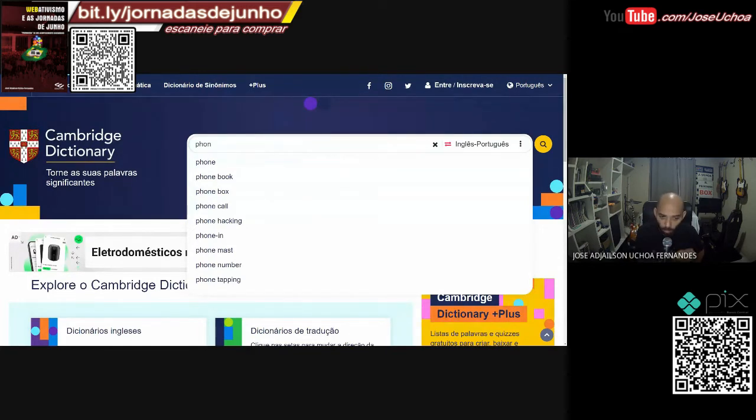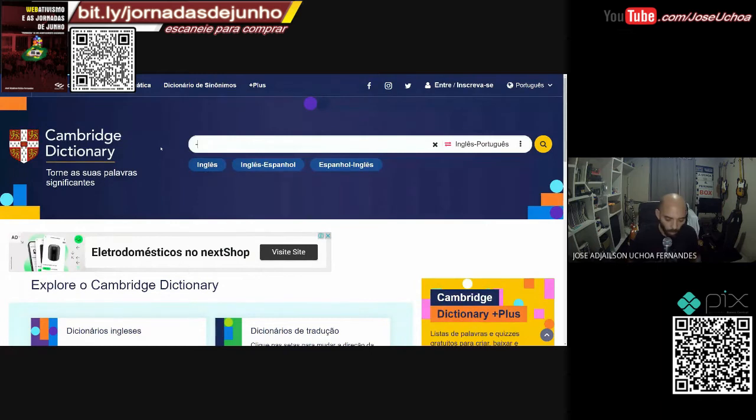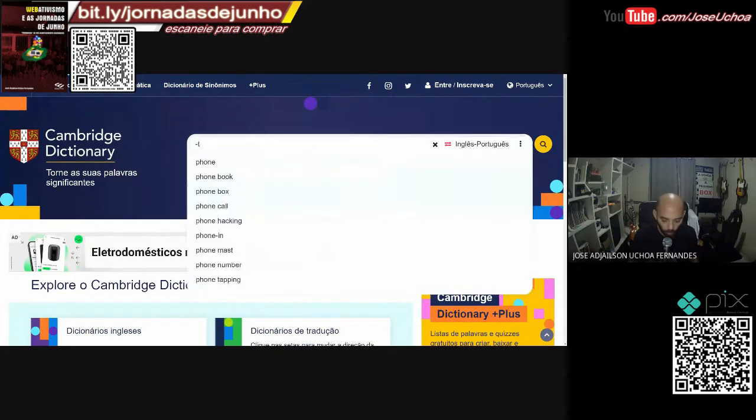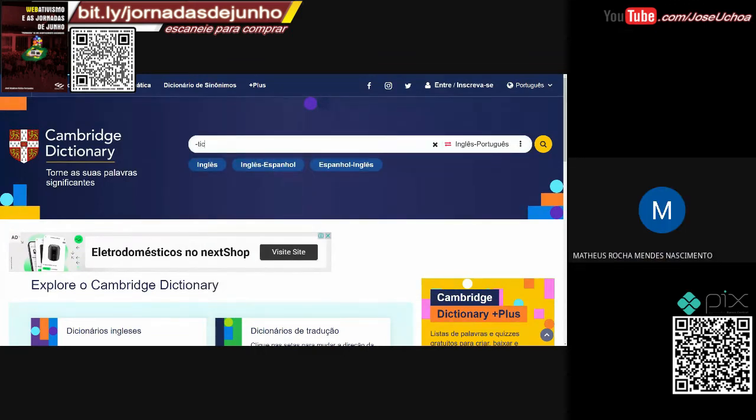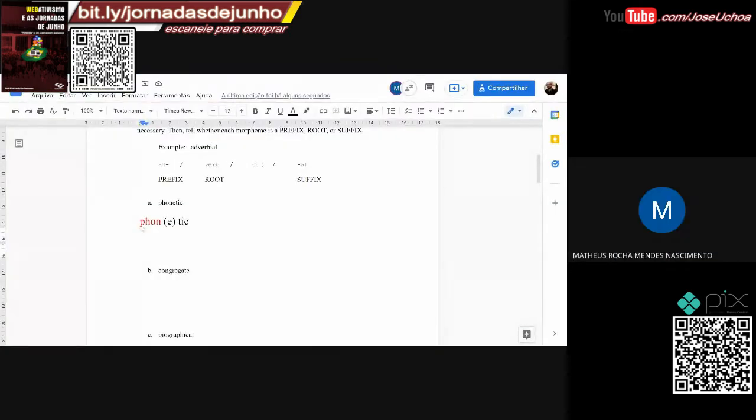Okay, so we have phone, we have E as a filler, and now we have tic. Can you think of words that end in tic? We can search the dictionary if you want. Find the suffix.